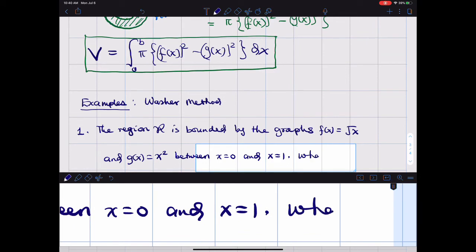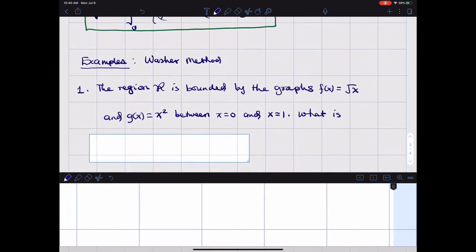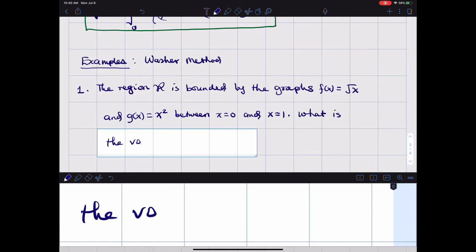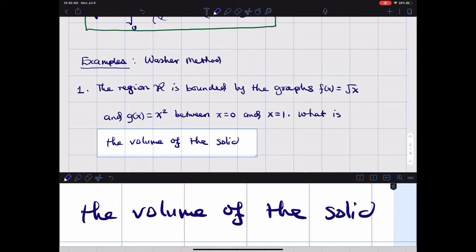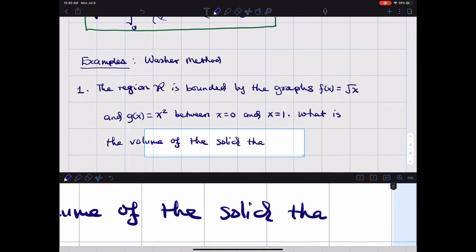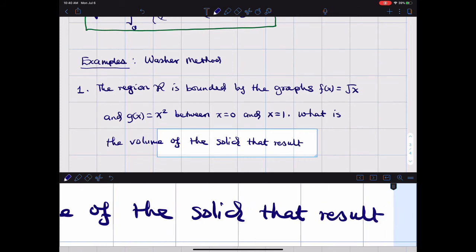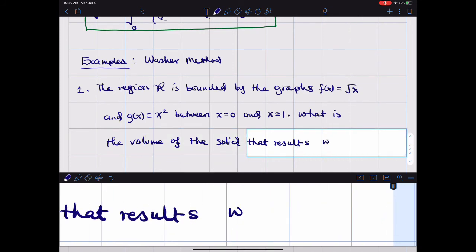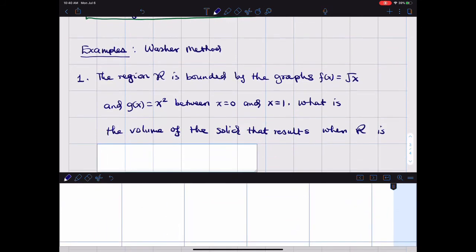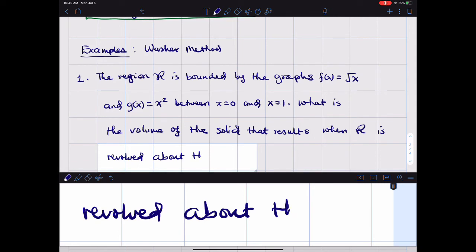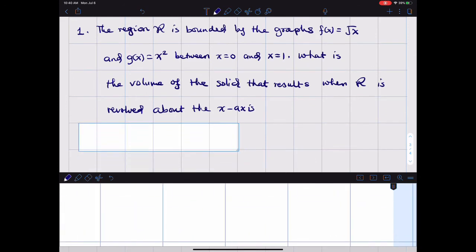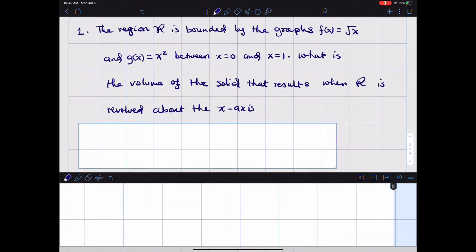The question here is, what is the volume of the solid that results when R is revolved about the x-axis. Okay, so this is one of my favorite problems whenever I teach Calc 2.